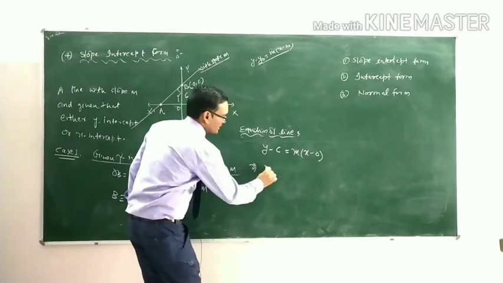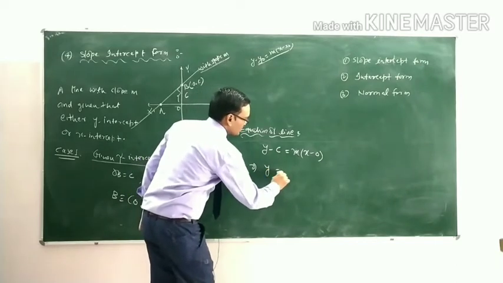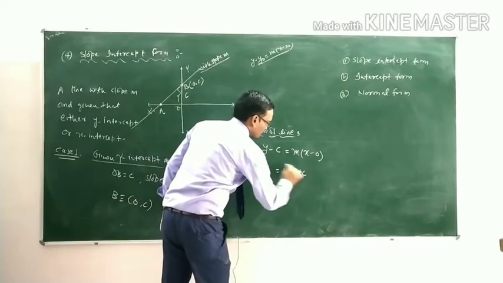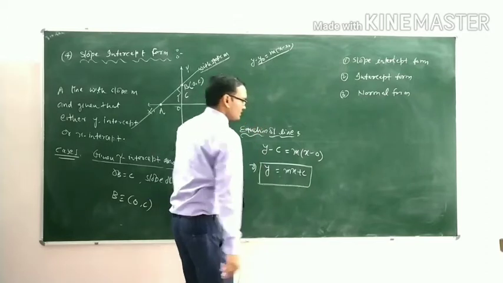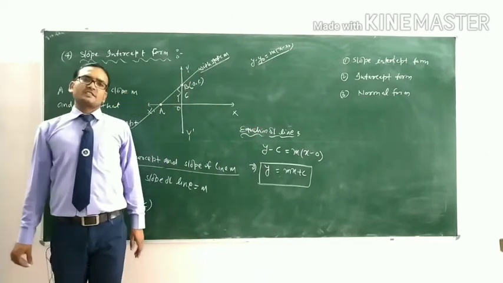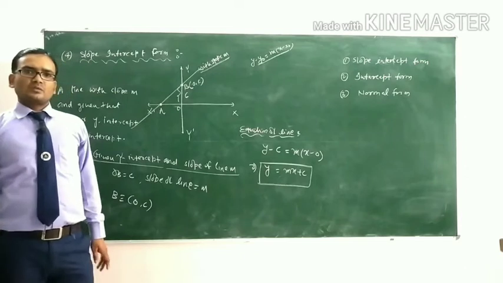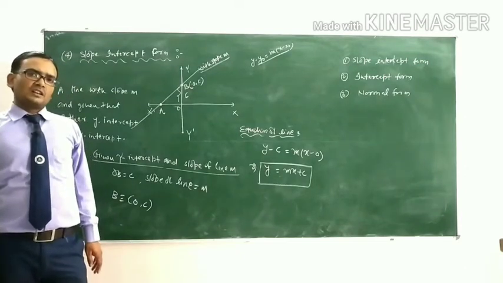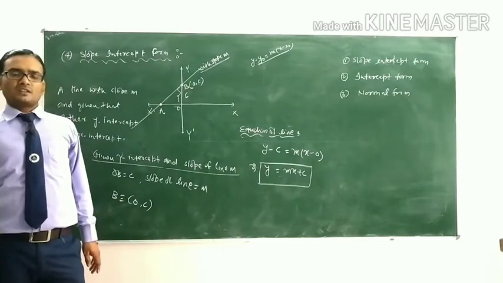Okay students, this implies that y equals mx plus c, where c is the y-intercept of the line and m is the slope of the line.